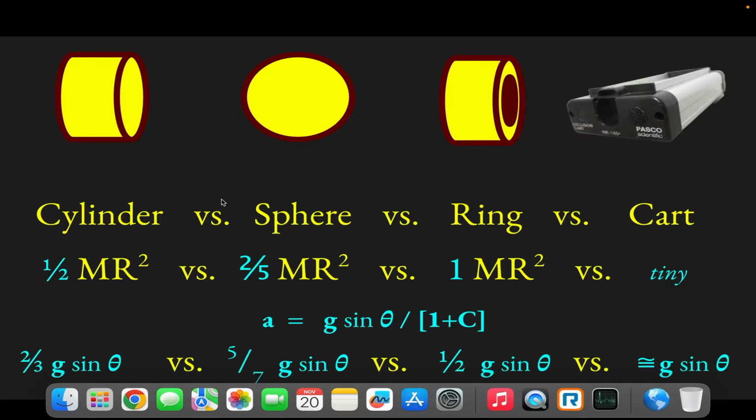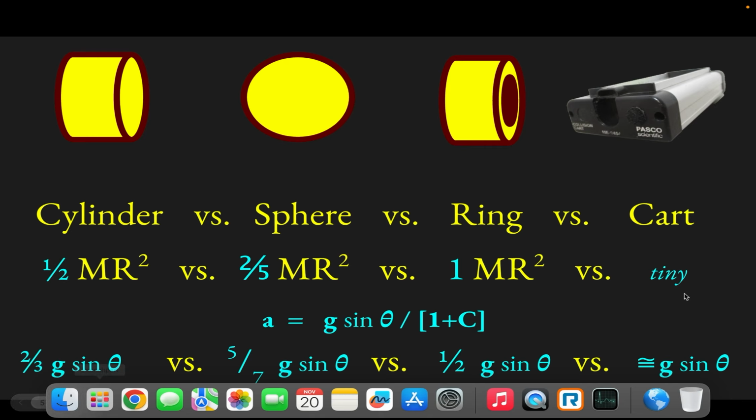In the case of the cylinder, you'll get 2/3 g sine theta, because 1 over 1 plus 1/2, or 1 over 3/2, gives you 2/3 as the coefficient in front. You'll get a coefficient of 5/7 for the sphere, 1/2 for the ring, and then approximately 1 for the cart, because the moment of inertia of the wheels on the cart is so tiny that c is near 0, and so you'll just get an acceleration of g sine theta down the ramp.